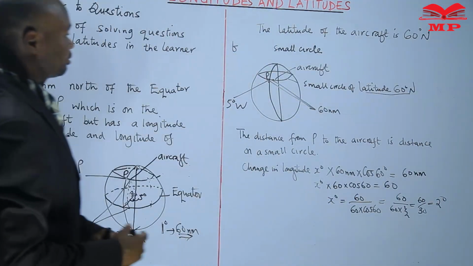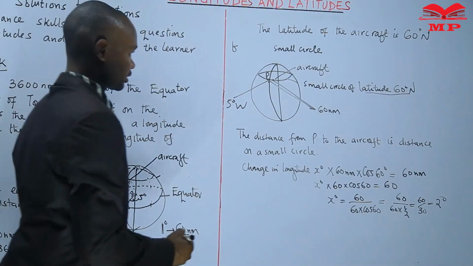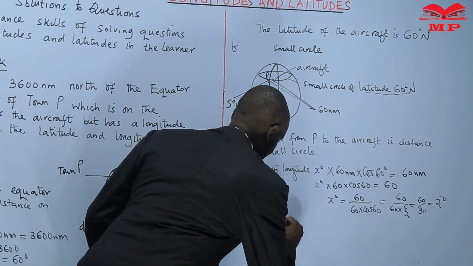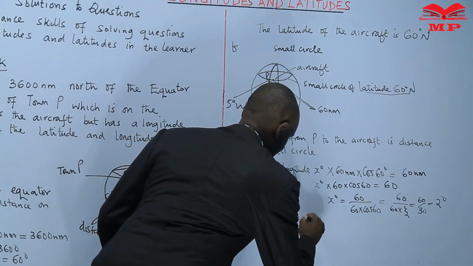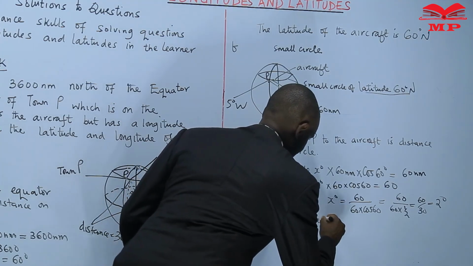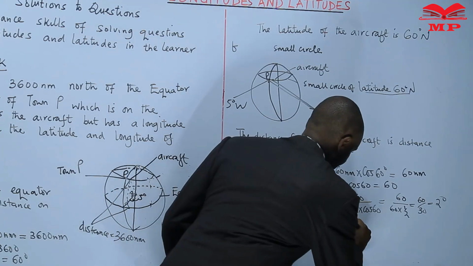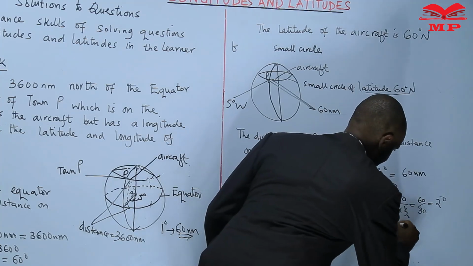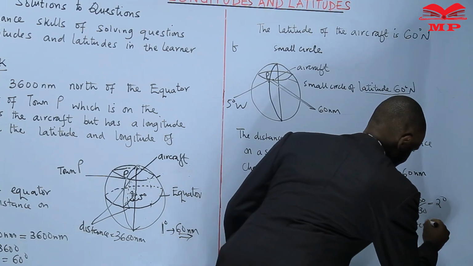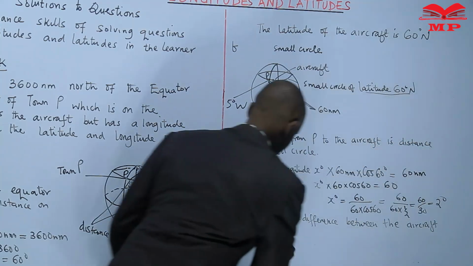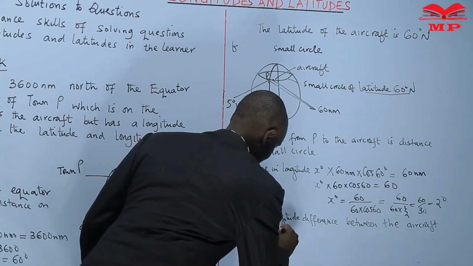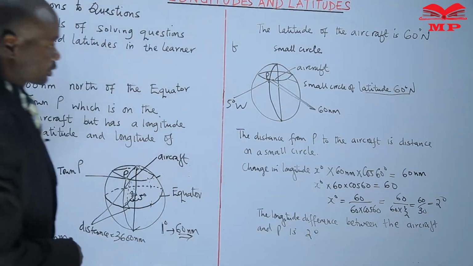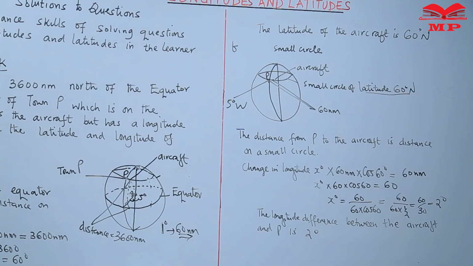So the longitude difference between the aircraft and P is 2 degrees.